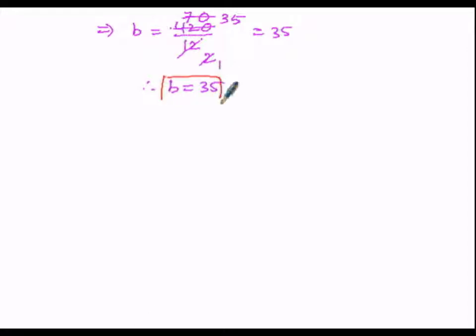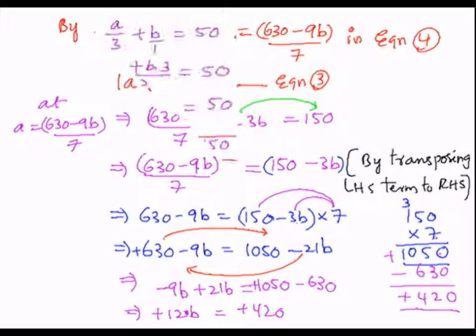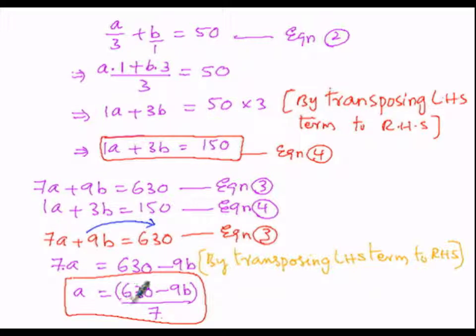So after getting the value of b, here we have to solve for a. Already we got a as a equals 630 minus 9b divided by 7. We can substitute the value of b in this equation, that is a equals (630 minus 9b) overall divided by 7, or in other words we can substitute in the fourth equation also, that is 1a plus 3b equals 150.